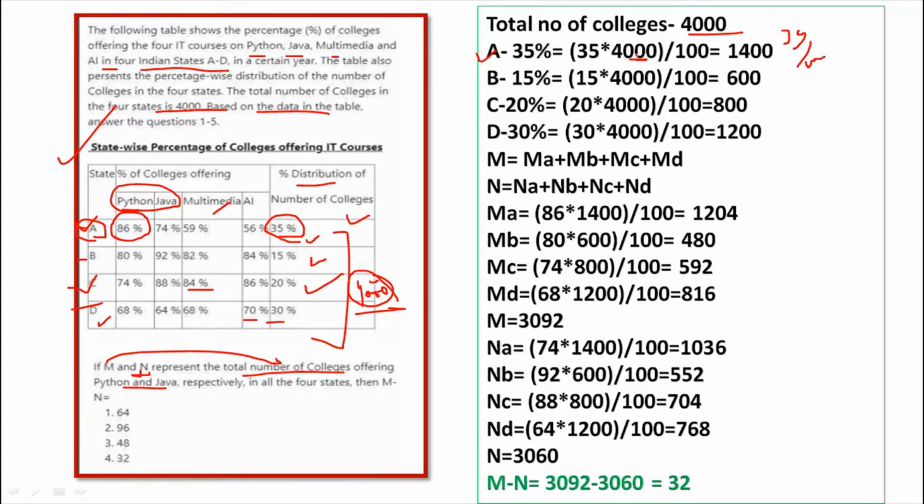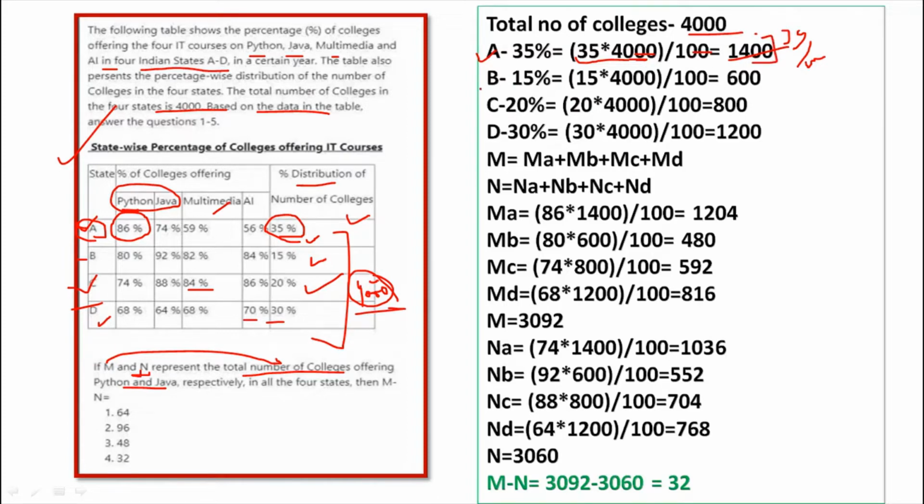So we can cancel the two zeros. 100 divided by 100 goes 1 and 1 into anything is the same number. So two zeros cancelled. We are left with 35 into 40. That becomes 1400. 0, 4 5s are 20, 4 3s are 12 plus 2 of 20 becomes 1400.